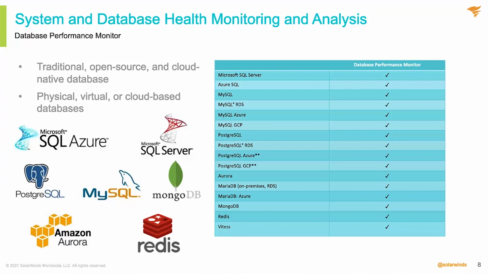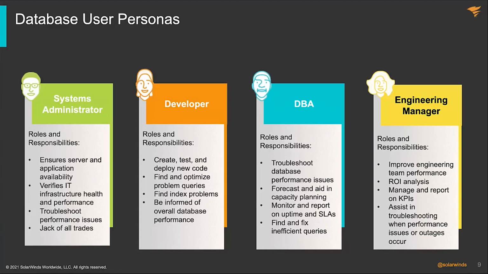So if you're transitioning between databases, if you're a blended shop or blended IT department, we've got you covered. We don't want to say, hey, one database, one location, that's all we do. We want to be your one-stop shop for all your databases, but we're going to talk in particular about the open source ones today.